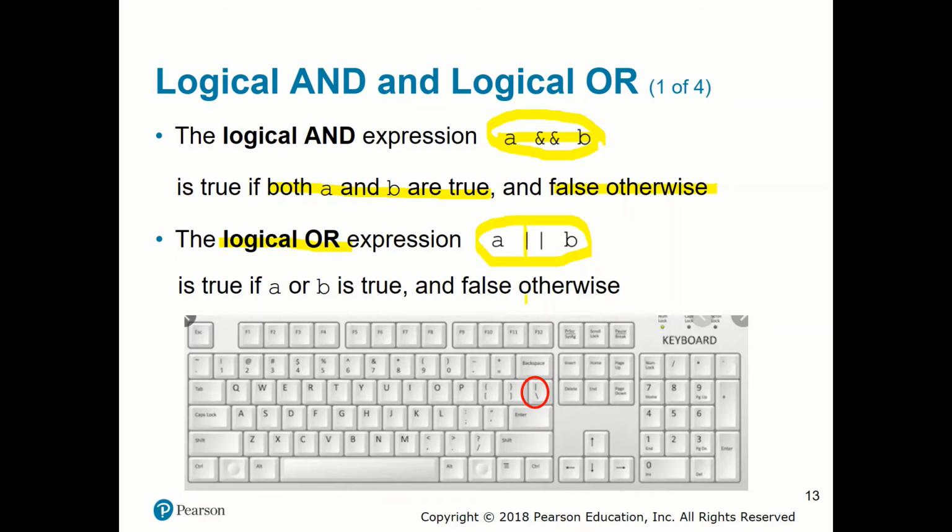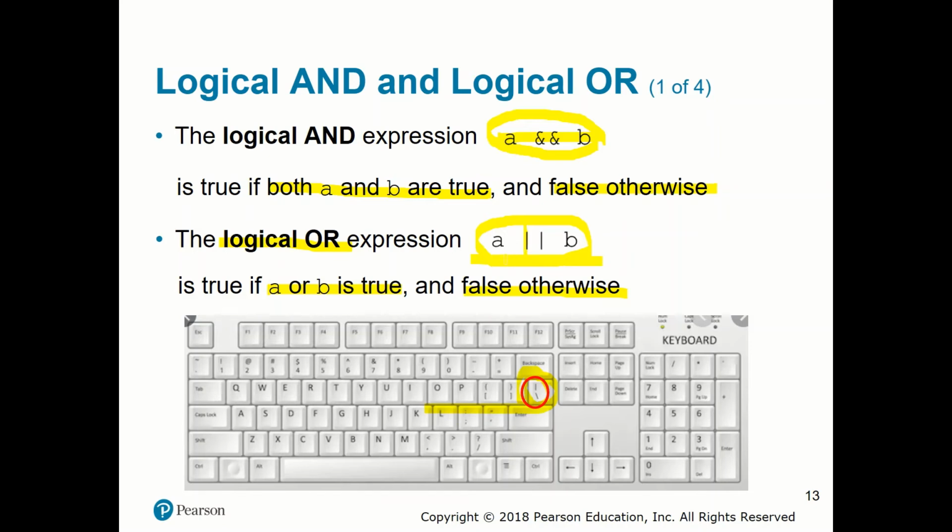This is this key on the keyboard. It is true if A or B is true. This means that it is false when both A and B are false.